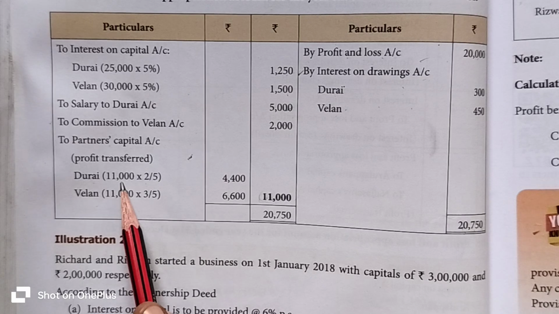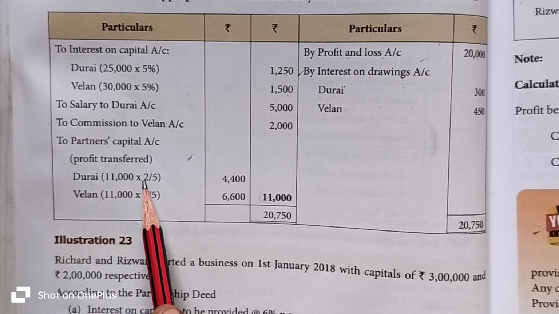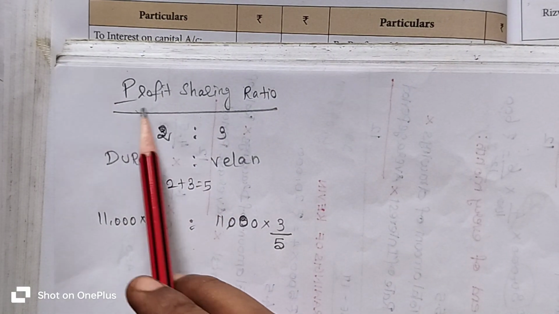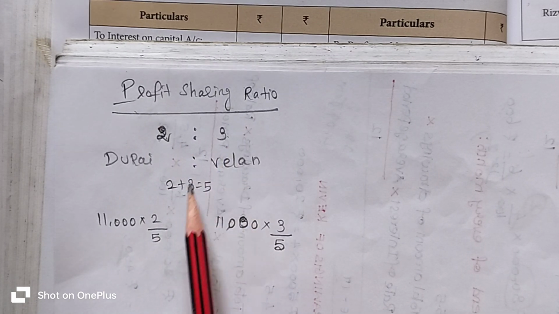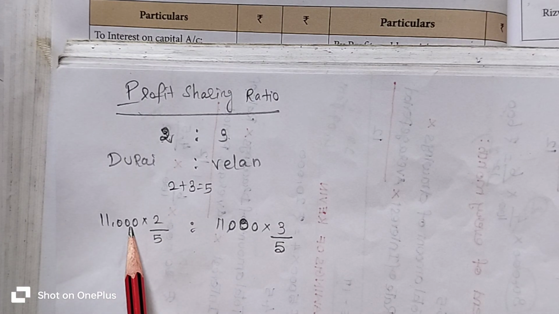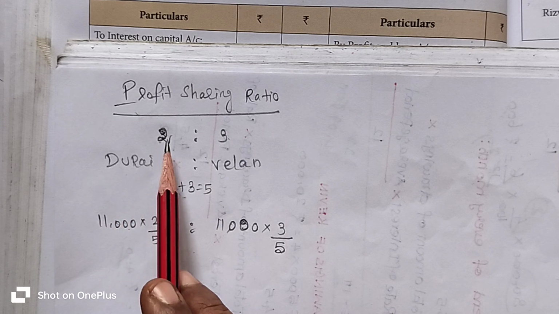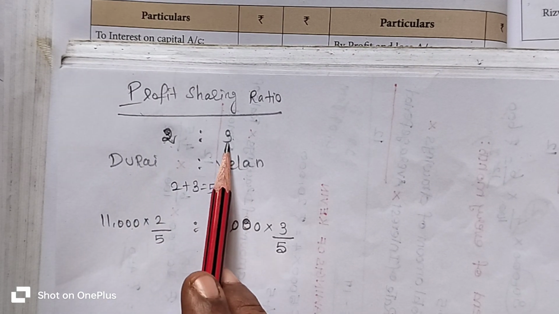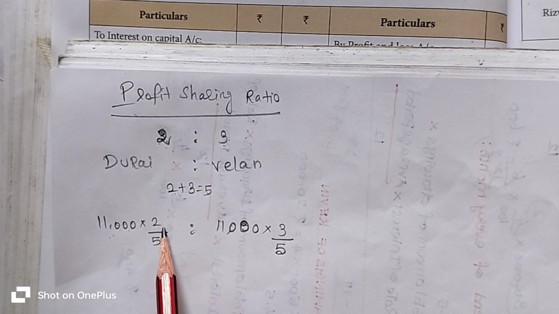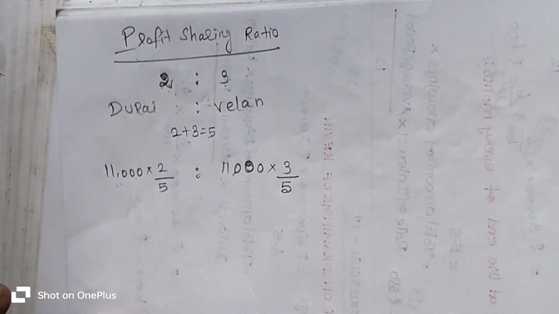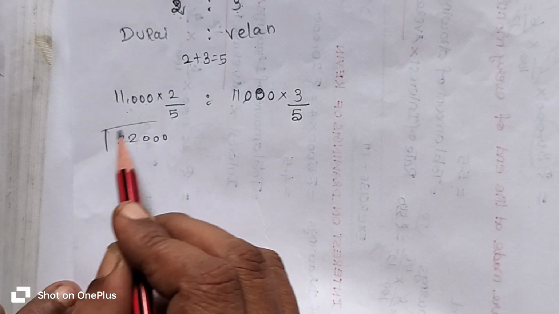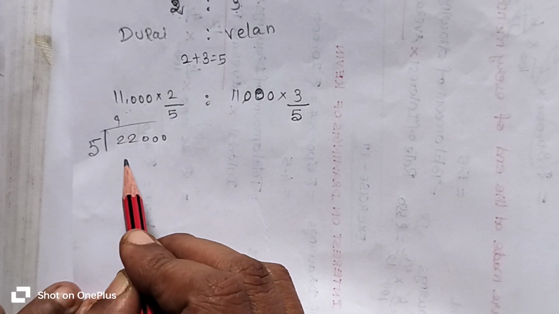For 11,000, Durai's share: listen here carefully, the profit sharing ratio is 2:3. We have to distribute the balancing figure of 11,000 rupees as per the profit sharing ratio. Durai has 2 and Velan's ratio is 3. 2 plus 3 equals 5. 11,000 for Durai: 11,000 into 2 divided by 5. 2 11s are 22, 22,000, divided by 5. 4 5s are 20, remaining 2.